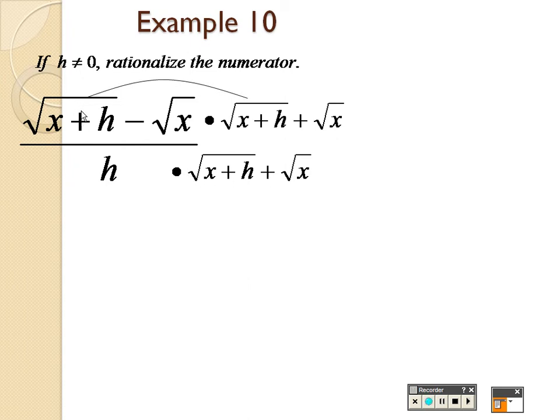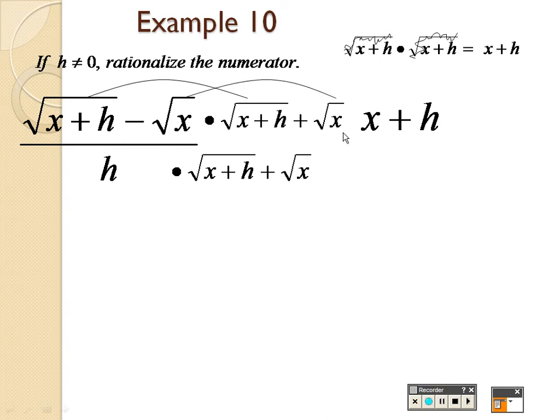we need to FOIL. Root x plus h times root x plus h means the roots cancel out, leaving you with just x plus h. So we have that on top. Then root x plus h times a positive root x will cancel out, which is why I jumped the gun to the last term eventually.